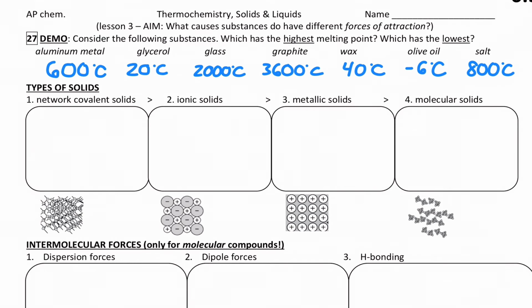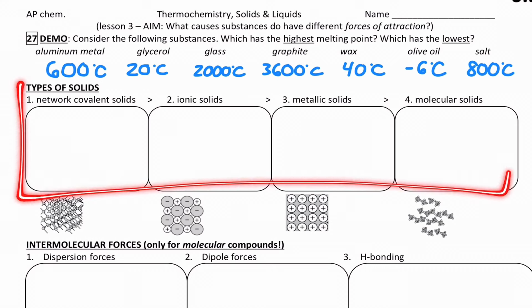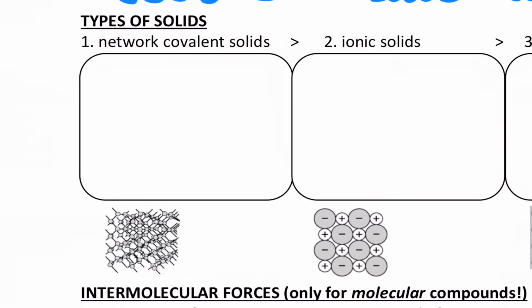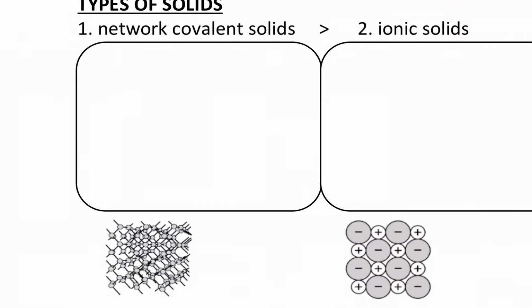So why is this? Why do these two in the middle have such high melting points in the thousands, but things like aluminum and salt are in the hundreds, and then things like glycerol, wax, and olive oil are down in the tens and even the negatives for melting point? Well, it has to do with just what type of substance they are. And there's 4 main categories that we can use to describe essentially every single substance out there, starting with network covalent solids.